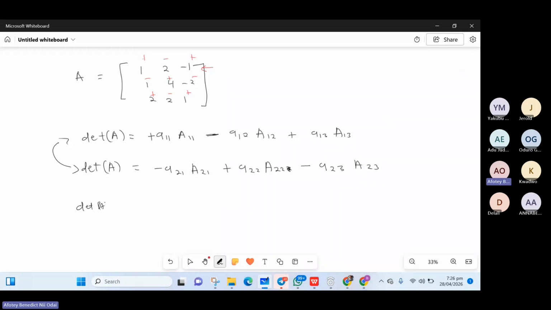So the determinant of A is equal to A11, and A11 is 1. Let's find the determinant of the matrix of minors of A. The matrix of minors for A11 is basically 4, -2, 2, 1.